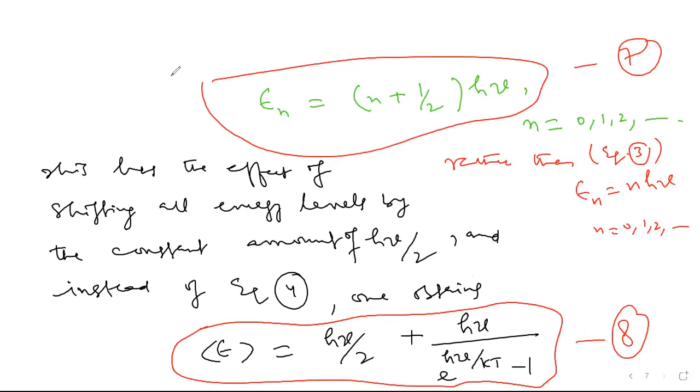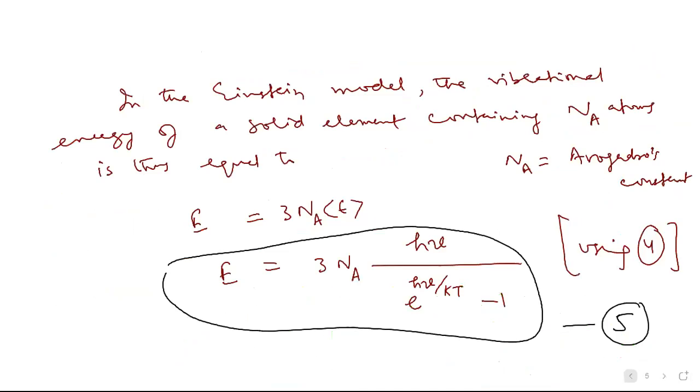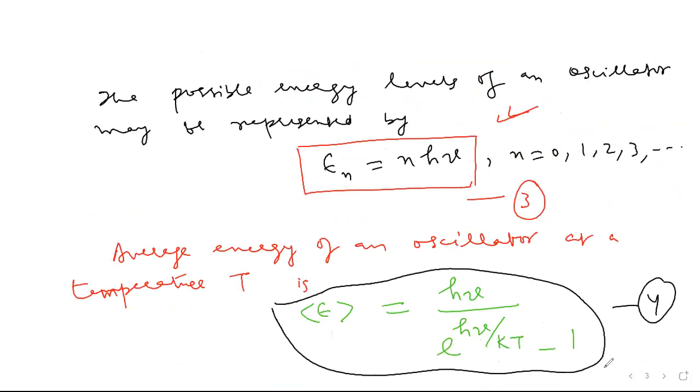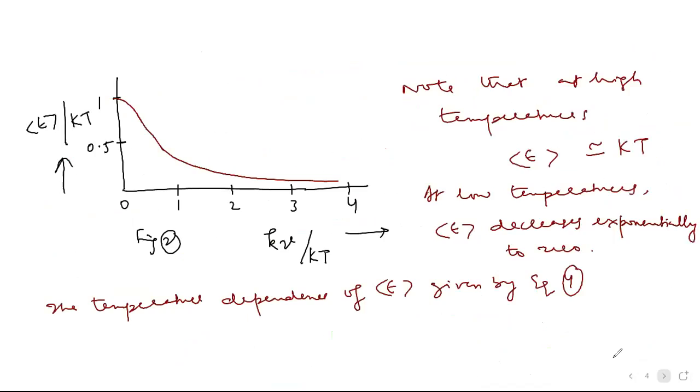So if you use this result for the energies of a harmonic oscillator, you will get the average energy given by equation 8, which is h nu by 2 plus h nu by e raised to h nu by kT minus 1, instead of equation 4.